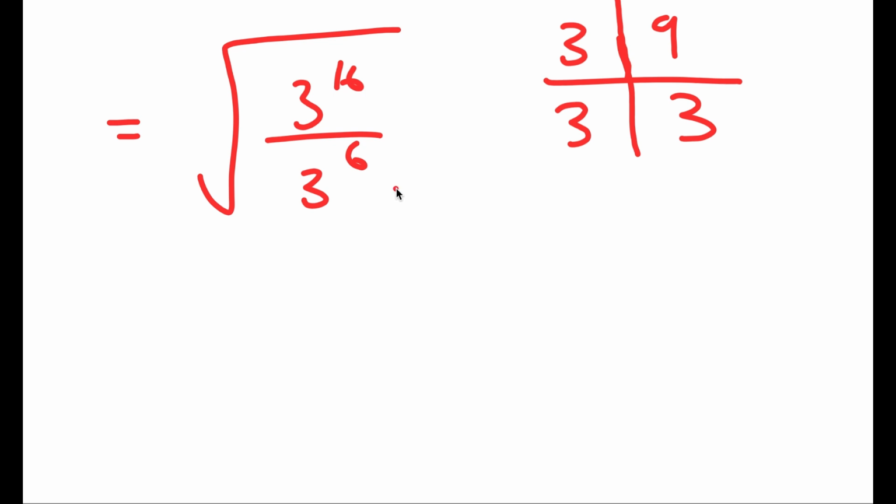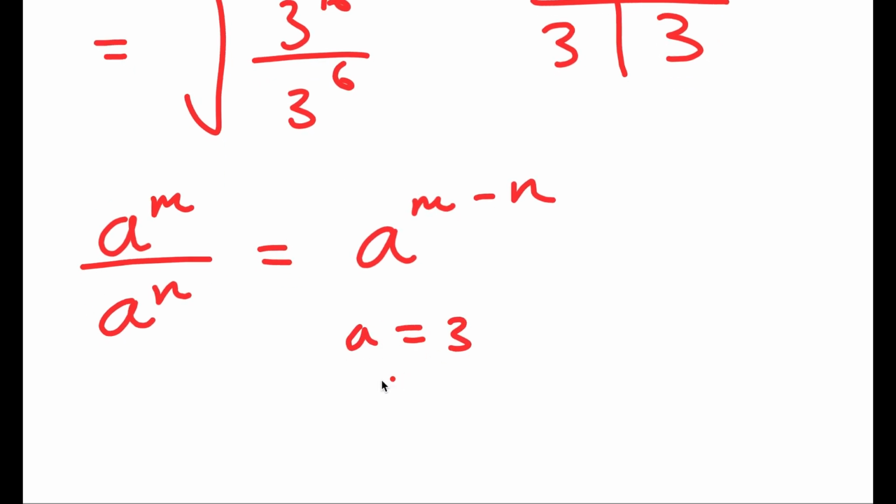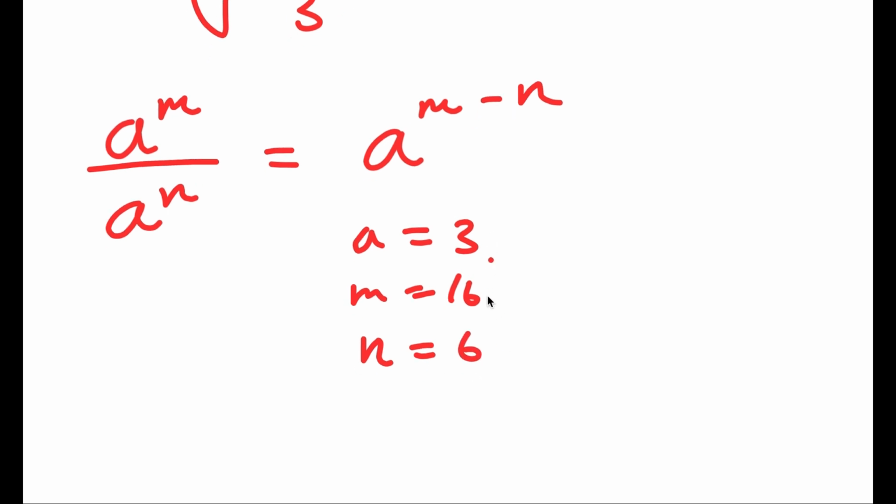And now if I have something in the form a to the power of m over a to the power of n, this is equal to a to the power of m minus n. So in this case, a is 3, m is 16, and n is 6.